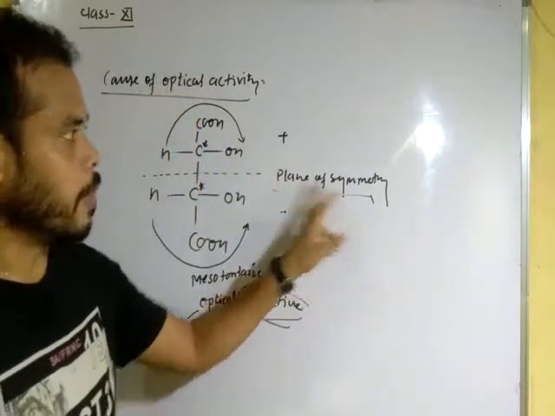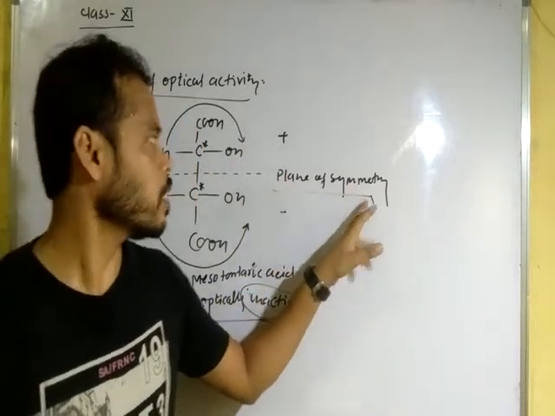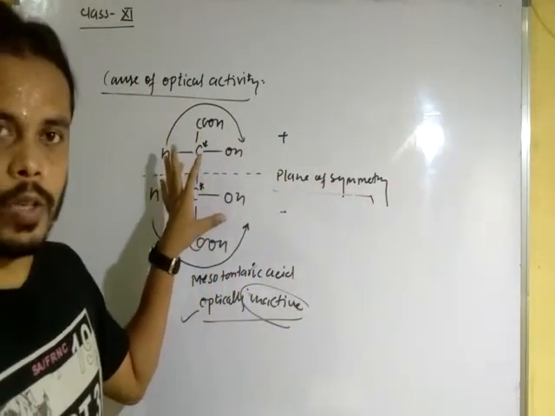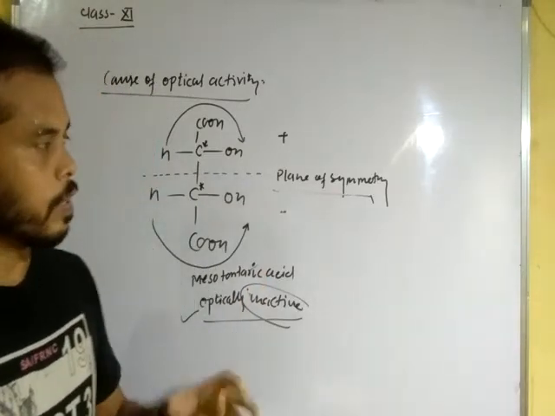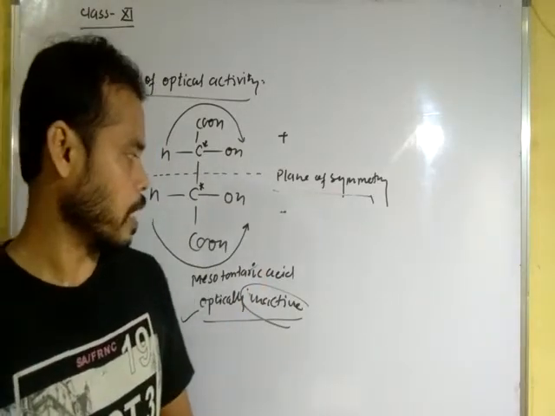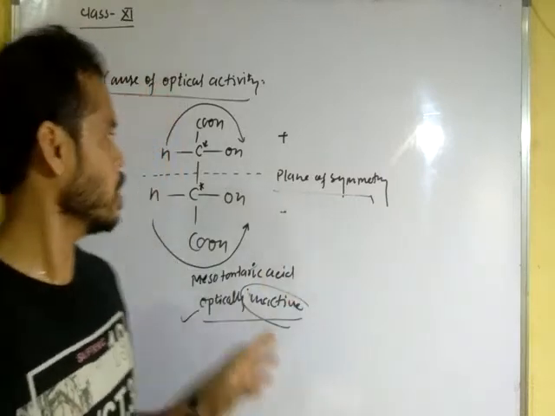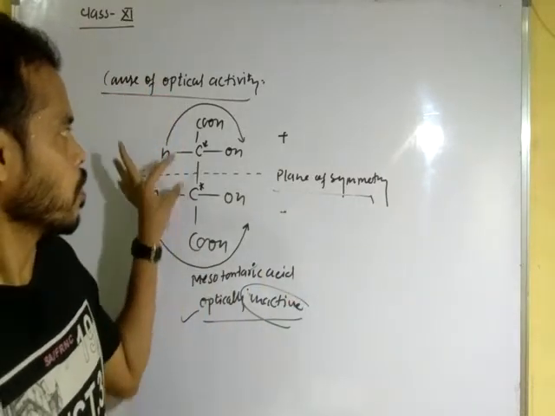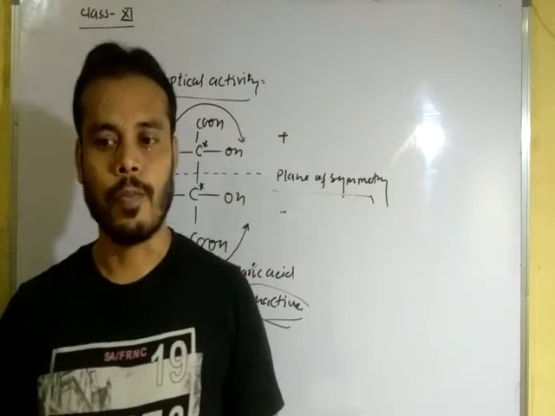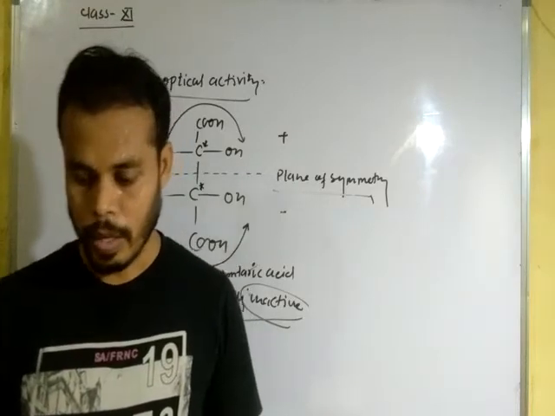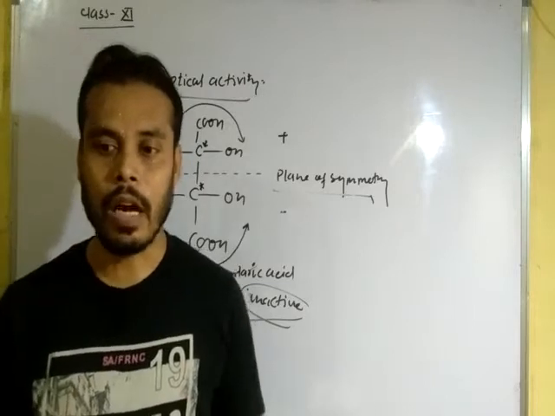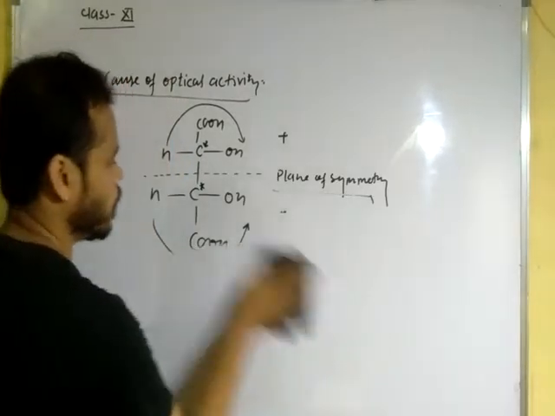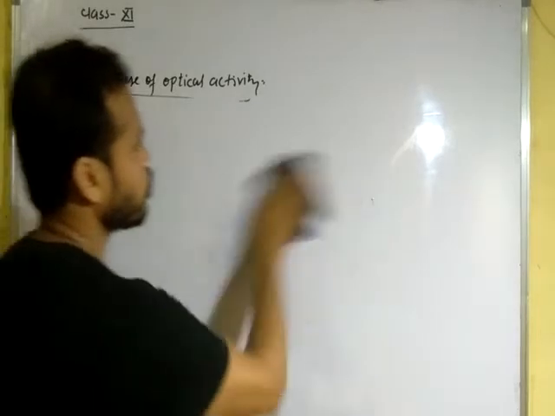Here there is a plane of symmetry, not dissymmetry, but chirality is present. Chirality alone cannot define the optical activity in this case if there are two chiral carbons in a molecule. Okay, dear student, now we are going to define optical isomerism.